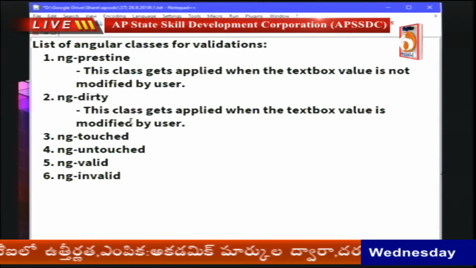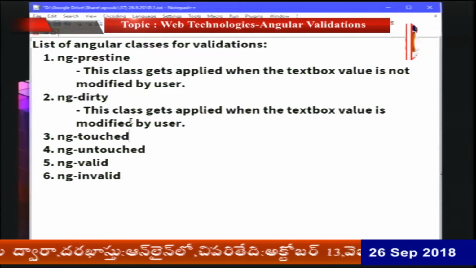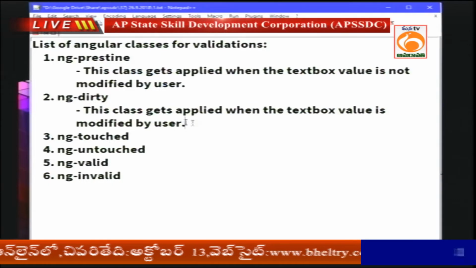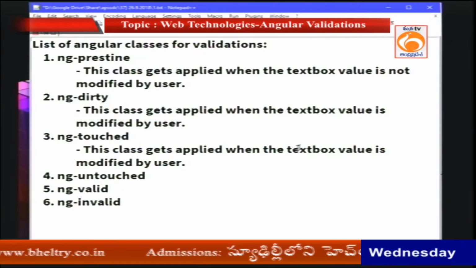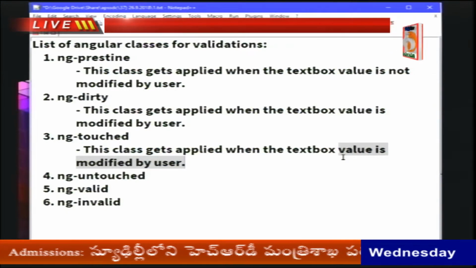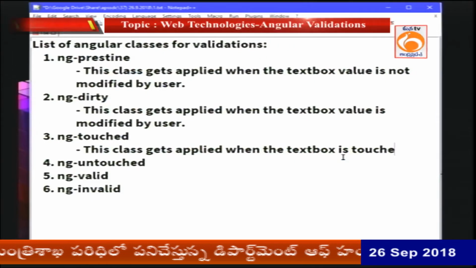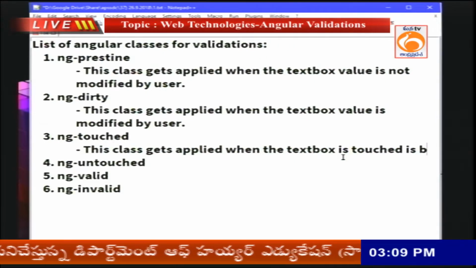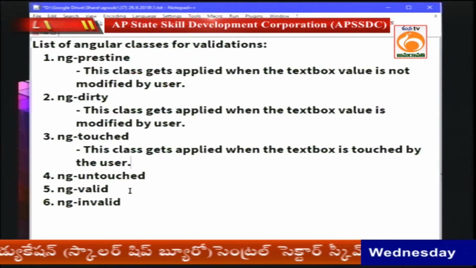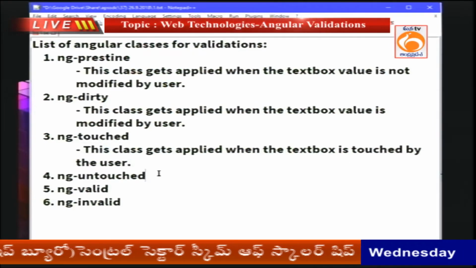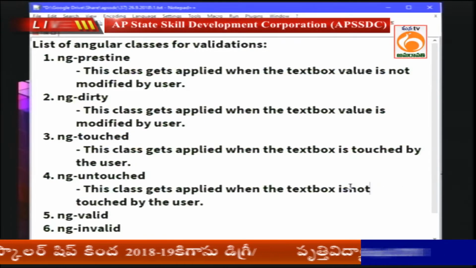So ng-pristine indicates the text box value is not modified by the user. ng-dirty indicates it is modified by the user. When the text box is touched by the user, it will be ng-touched. When the text box is not touched by the user, it will be ng-untouched.